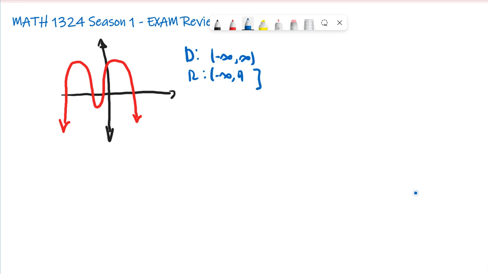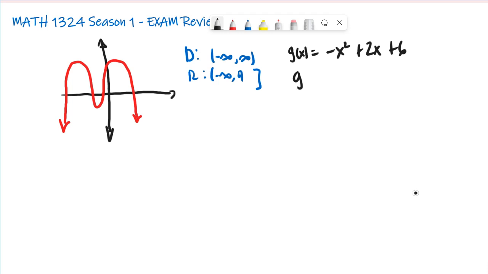But we also looked at how we can evaluate functions, for example. Say a function g of x is defined as negative x squared plus 2x plus 6.